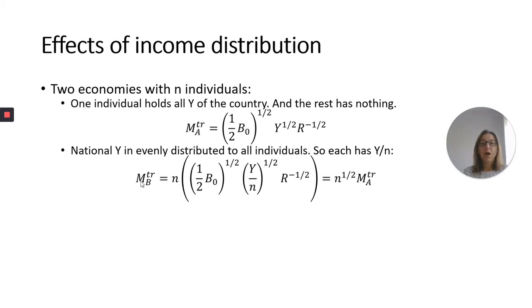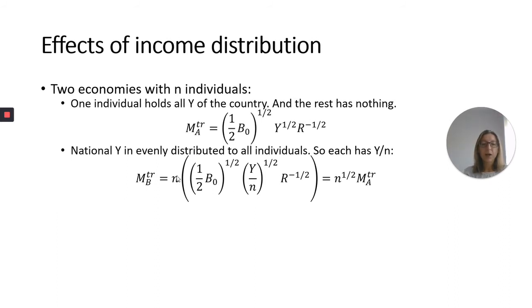For the B economy, as each person gets not all the income but just a share of it, which is y divided by n, this is one person's transactions demand for money, and as there are n individuals in that country, we multiply it by n, aiming to find out the total transactions demand for money.